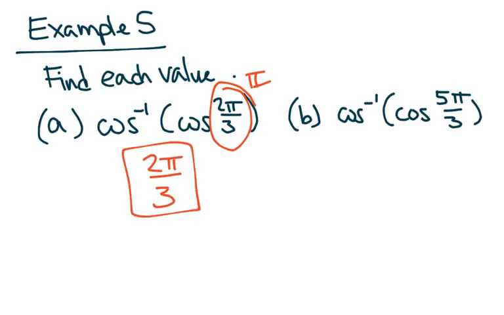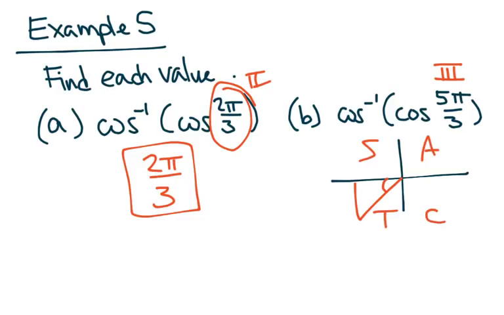However, 5 pi over 3 is actually in quadrant 3. So let's think about this for a second. Is the angle that's in quadrant 3 here positive or negative if you're taking its cosine? Well, when you do your all students take calculus, you find out that cosines are negative here in quadrant 3.